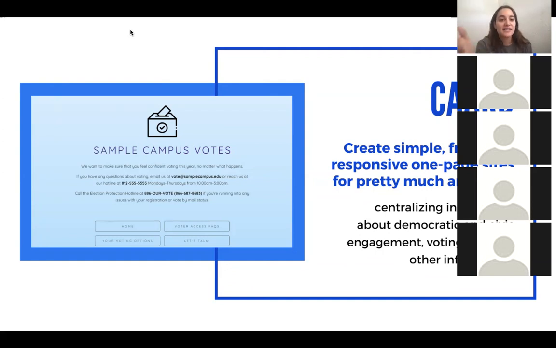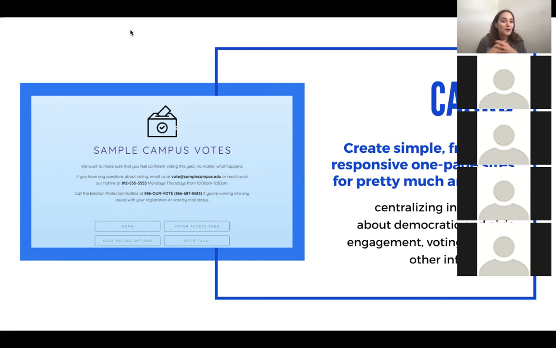The example here is in 2020, we saw a lot of campus closures around the country, and campuses were struggling to communicate with their students in ways that they can navigate these closures. So we set up sample Carrd web pages that campuses could adjust and use for themselves in order to direct students on how to still vote if their campus closed because of COVID-19.